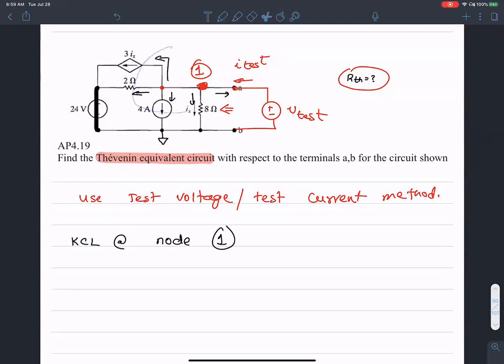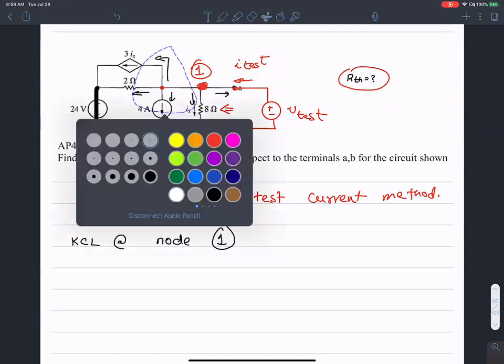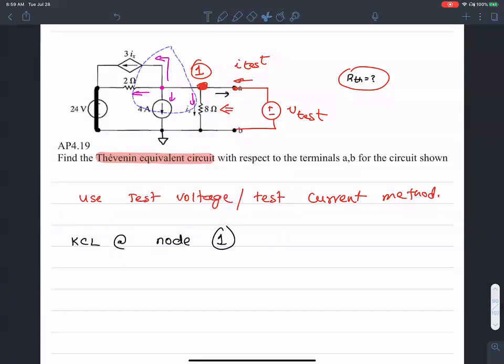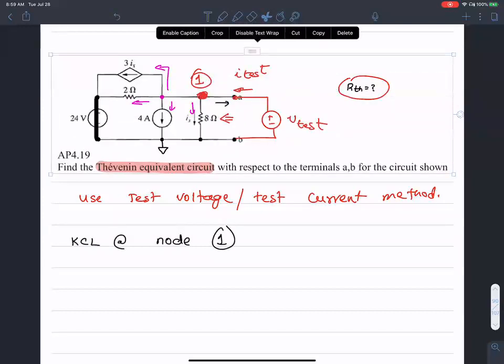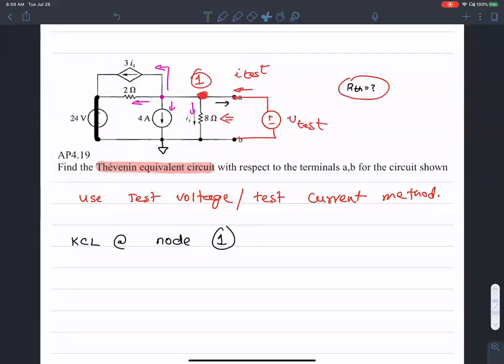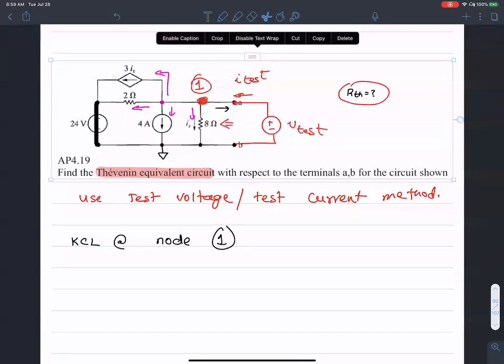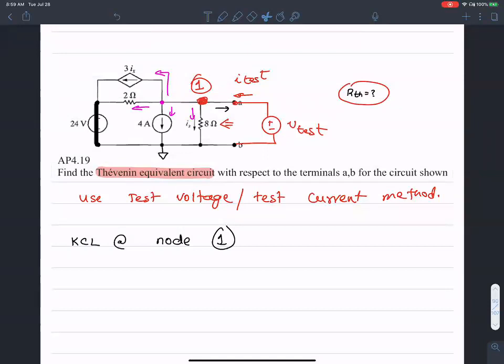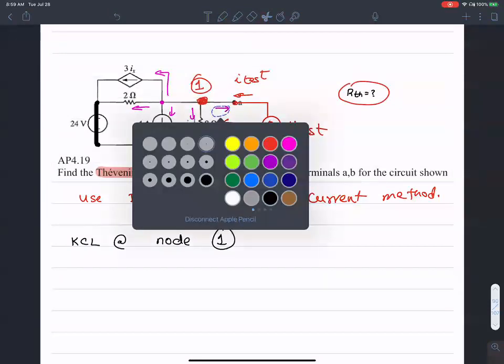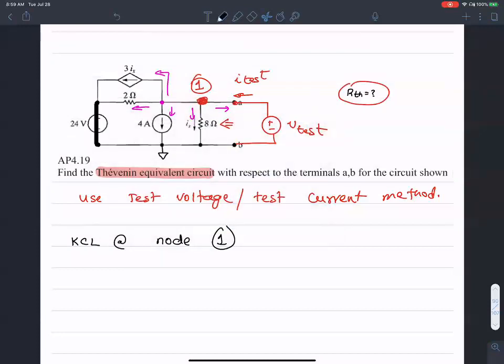There are 5 different currents. I'm going to show them using this color over here. So when I set up my KCL equation, there will be 5 different terms.